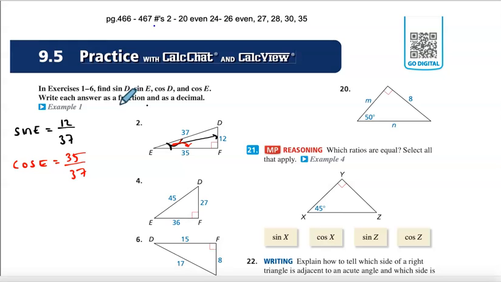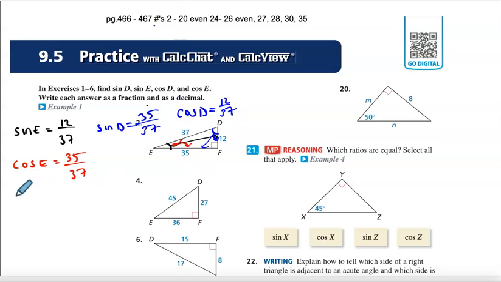All right, and sine of D is equal to opposite, which is 35, over the hypotenuse, and the cosine of D is equal to the adjacent, which is 12, over the hypotenuse.